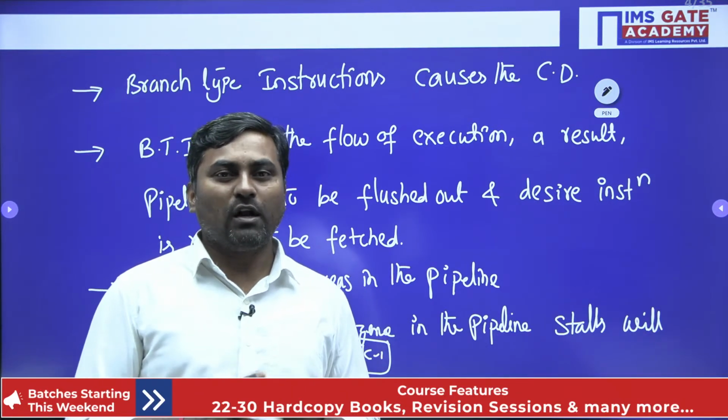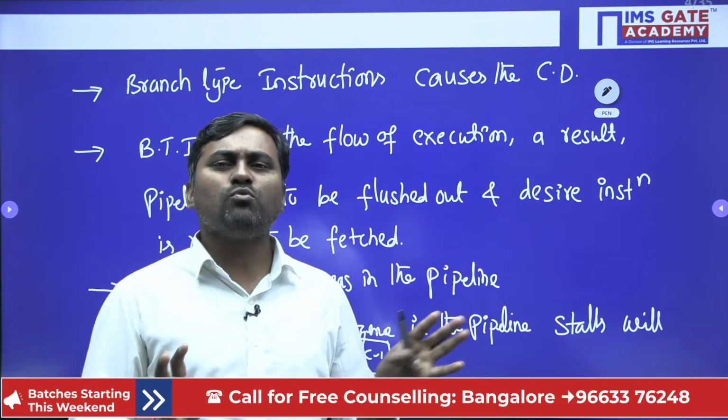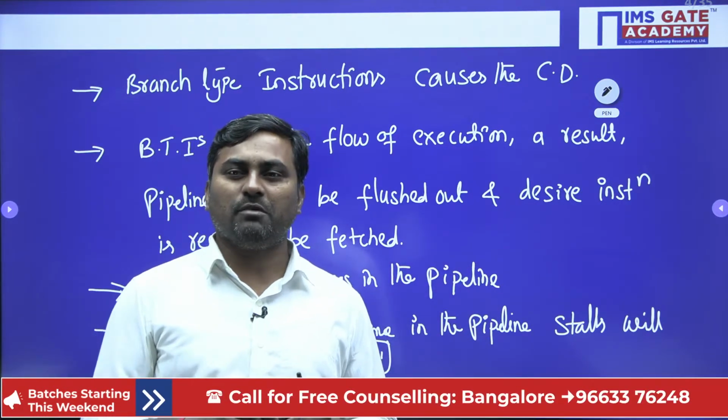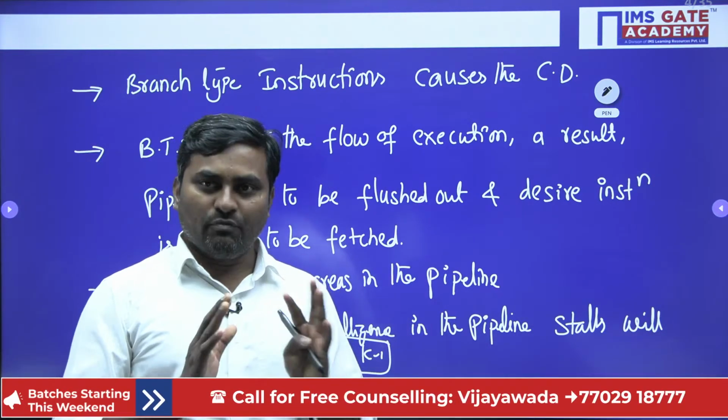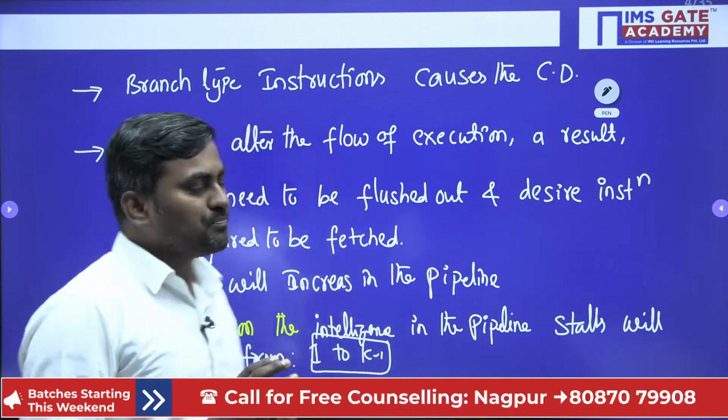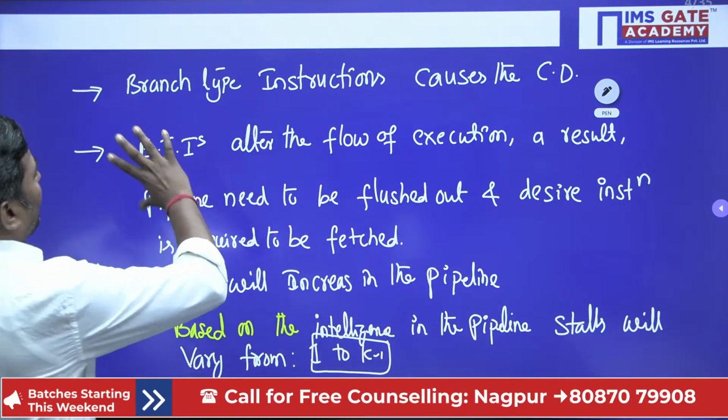The maximum stalls it can incur due to this control dependency is k minus 1. Why minimum 1? If I modify the data path of the instruction pipeline, early stage detection may minimize the number of stalls. We will observe the solutions now.